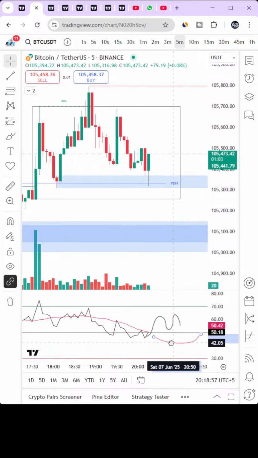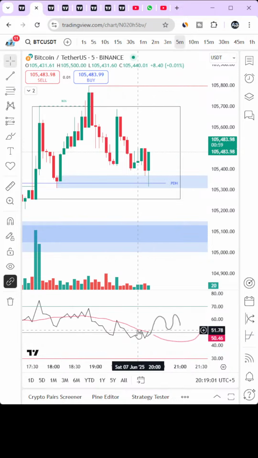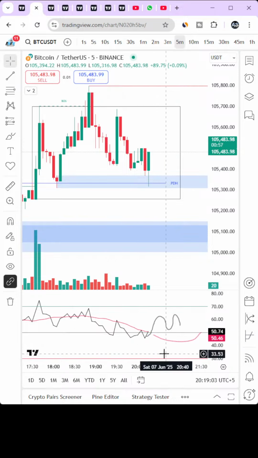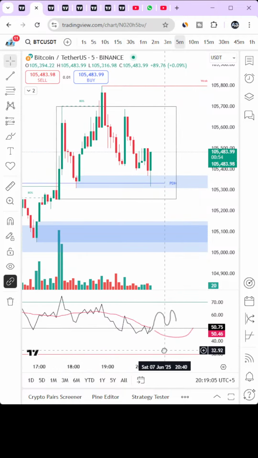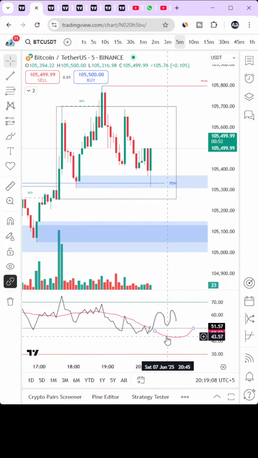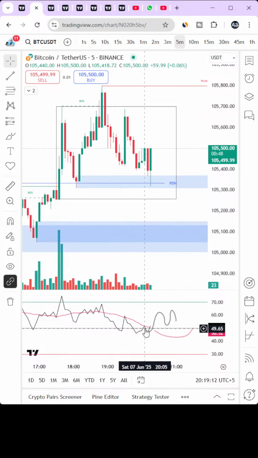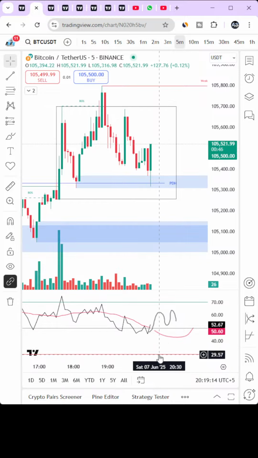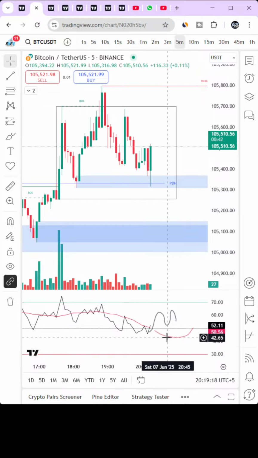Now this is my personal made pink line. This is the original pink line. Don't take it as the actual pink line. This is an artificial line, this is the original line. I am showing you that the market must make this type of movement here if it has to move to the upside.